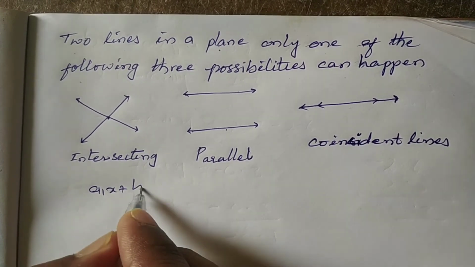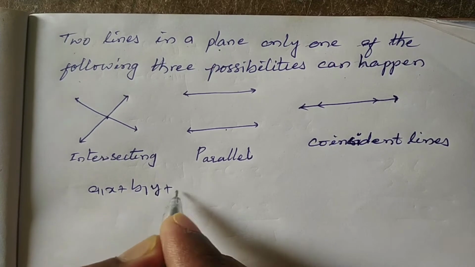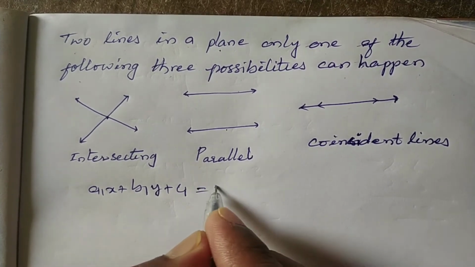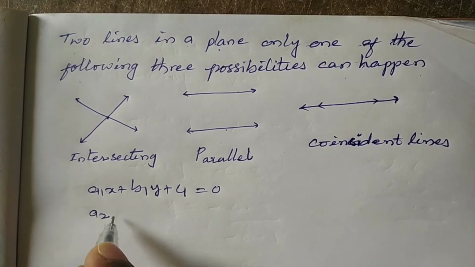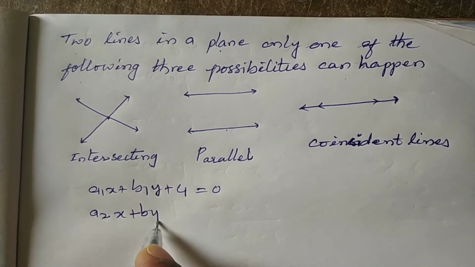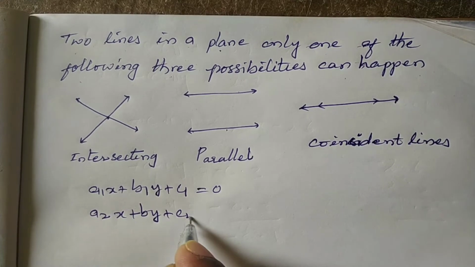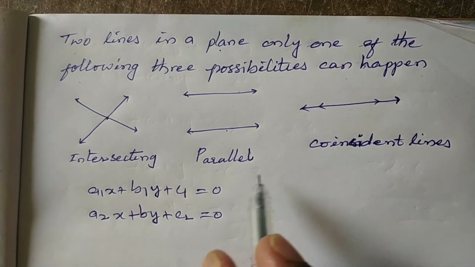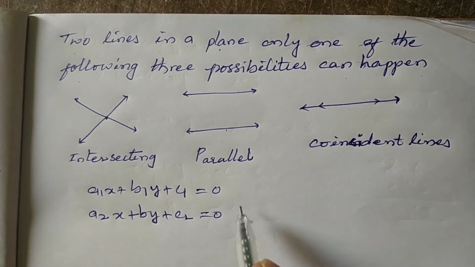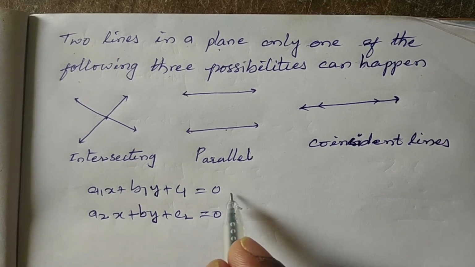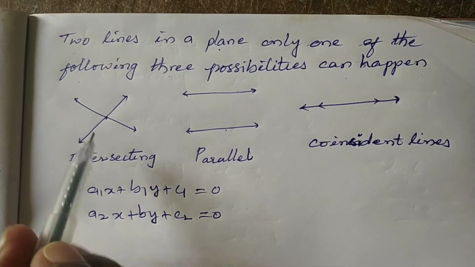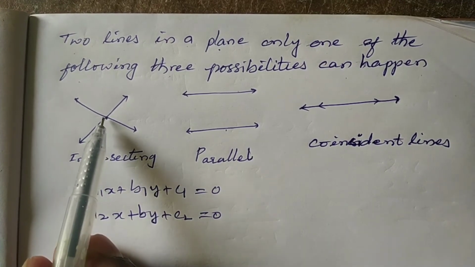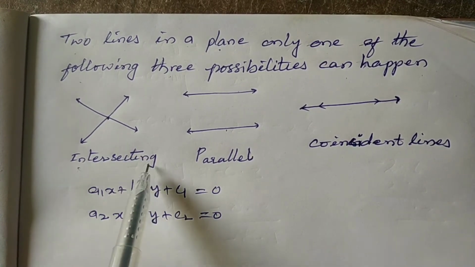So for example, here a1x plus b1y plus c1 equal to 0, and the second equation is a2x plus b2y plus c2 equal to 0. These two are the pair of linear equations. This is the general form also. Then the first situation is that the lines are intersecting lines.